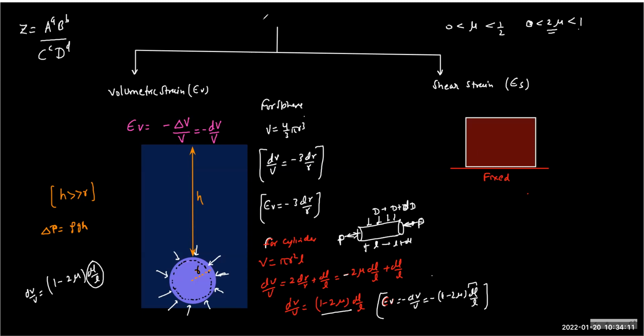So what we do is, let's say, apply a force like this. In our case we apply the force backward, but let's say you're applying the force like this, and this force is tangential to the surface. As a result, what will happen? The top surface will move forward slightly, correct?